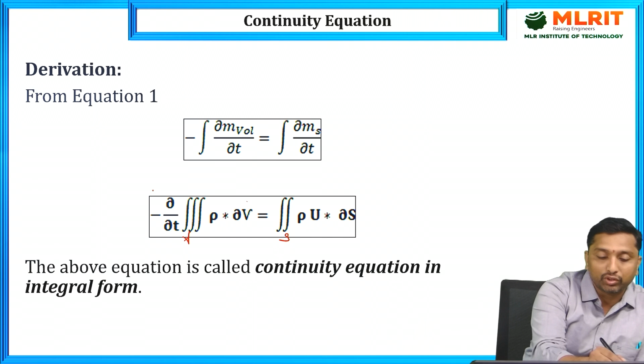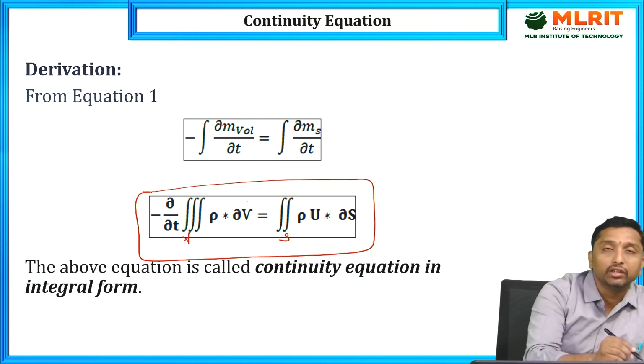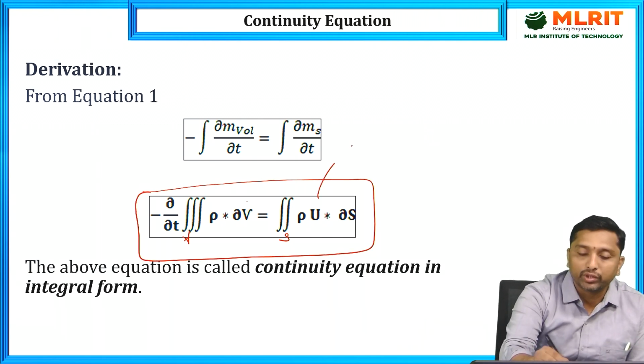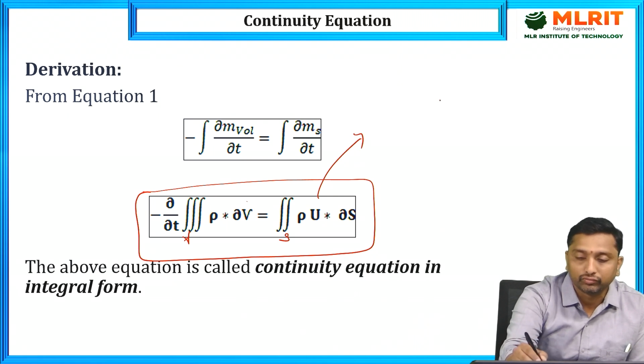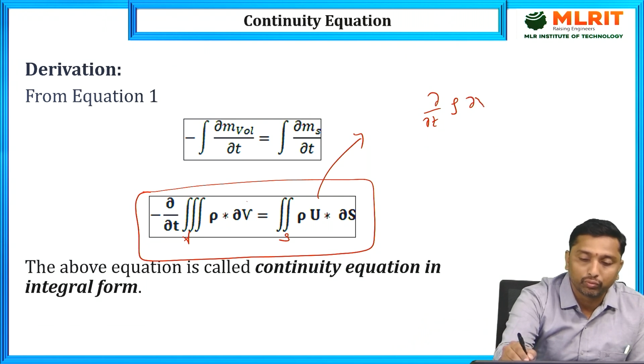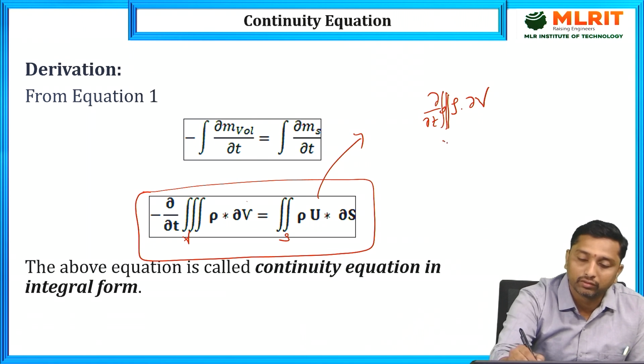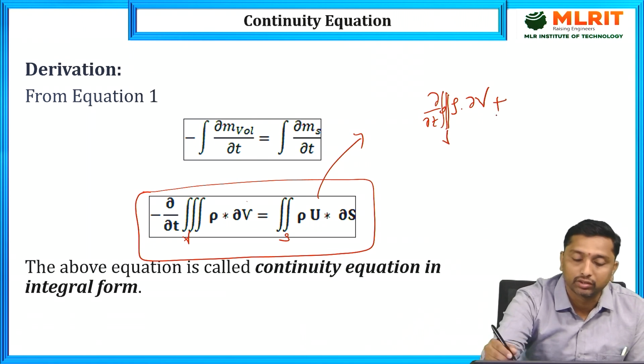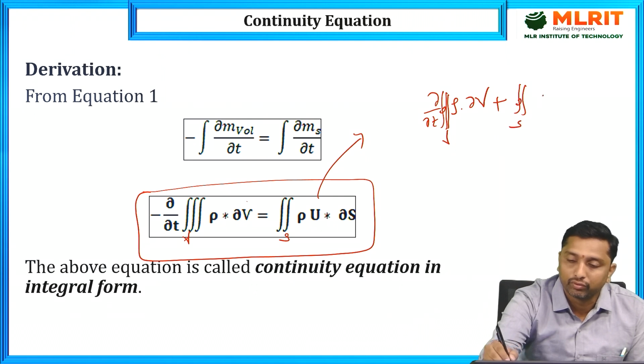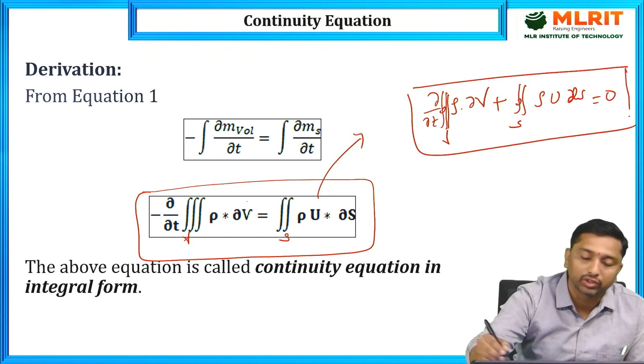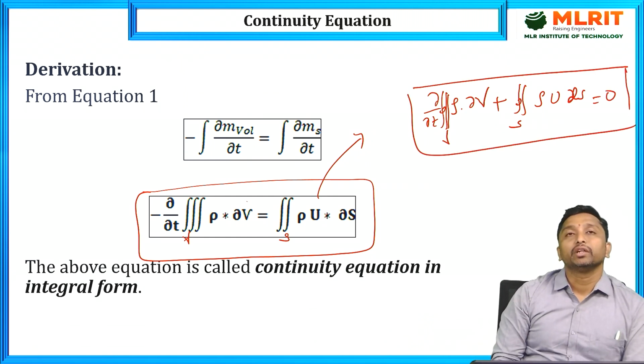This equation we call the continuity equation in integral form, or sometimes you can rearrange the terms like ∂/∂t of the volumetric integral of ρ dV plus the surface integral of ρu·dS equals 0.